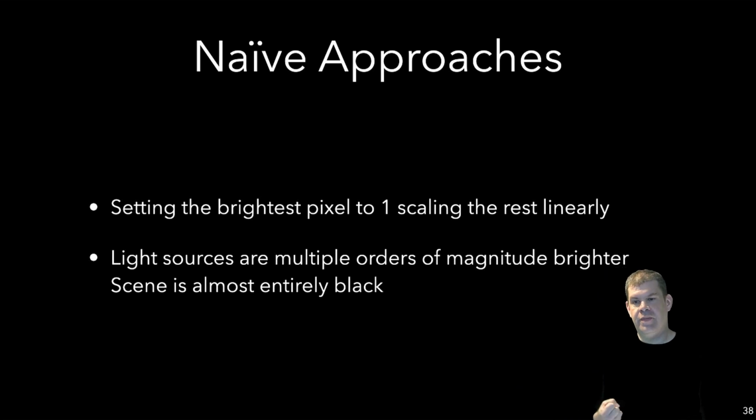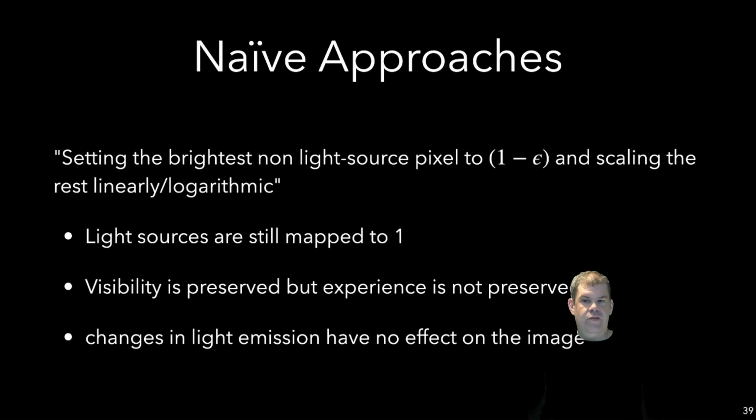Okay, well, if the bright sources cause such a big deal, then let's just ignore them. So there are the light sources, which are bright, and we'll just ignore them. So we'll start not at the brightest pixels, but maybe ignore the, I don't know, 10% brightest, and map those to 1 minus epsilon, so the next color to 1.